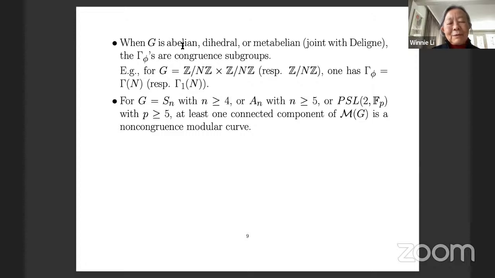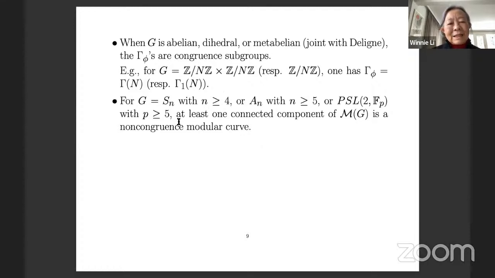For example, if G is dihedral, then he showed that gamma_phi is also a non-congruence subgroup. And later, in joint work with Lin, he showed that if G is metabelian, this is also the case. A group is metabelian means that it has an abelian normal subgroup such that the quotient is also abelian. So it is a step 2 solvable group.